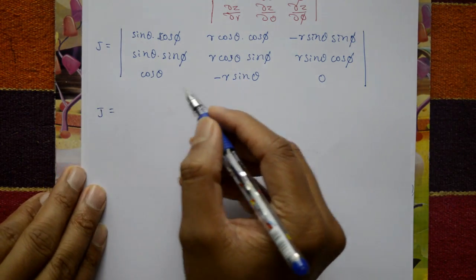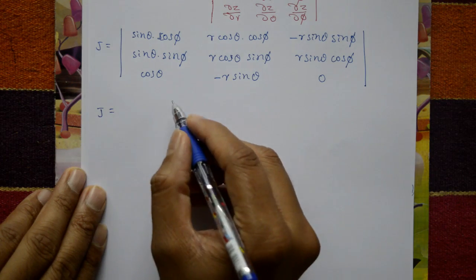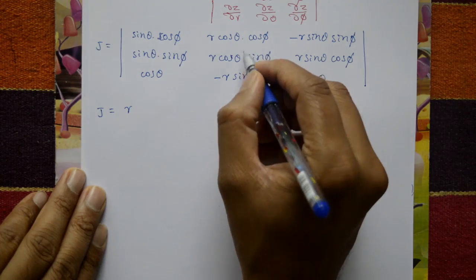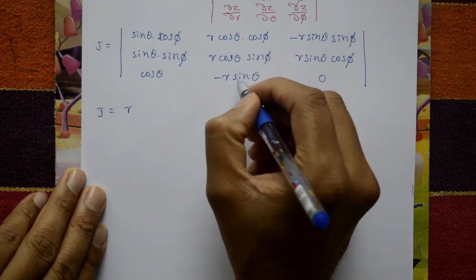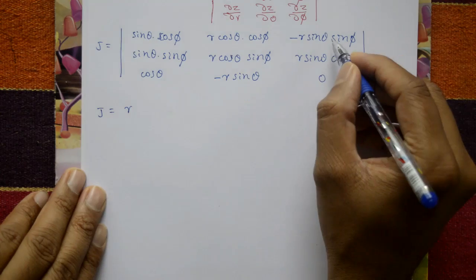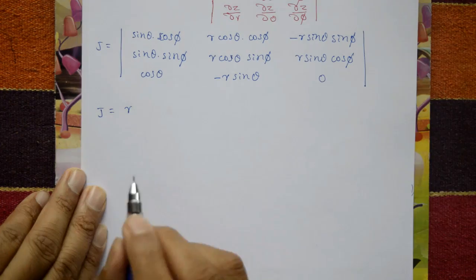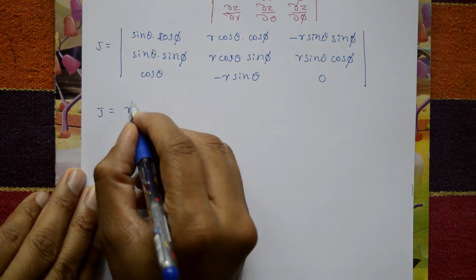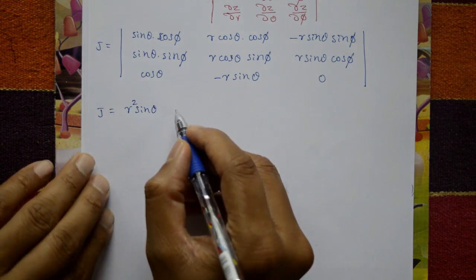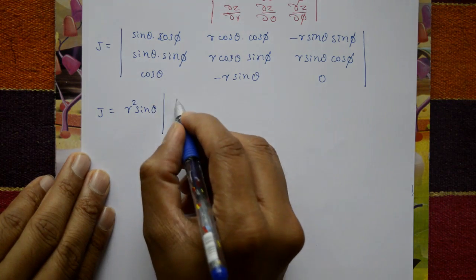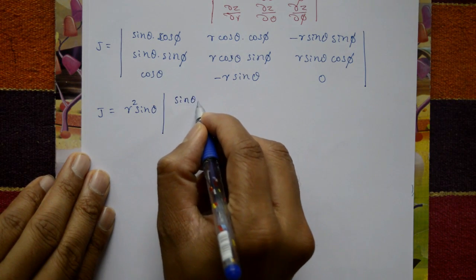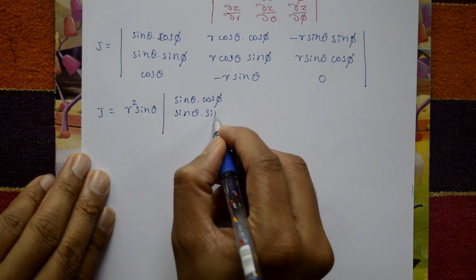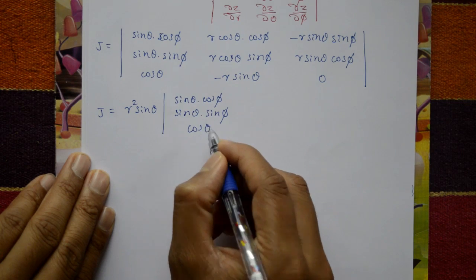Now J is equal to: take r common from the first column, sorry, not a row, a column. Second column r is common, and from the third column r sin theta is common. Take these outside the determinant: this is r times r sin theta, which is r square sin theta. Now the first column is as it is: sin theta cos phi, sin theta sin phi, and cos theta.